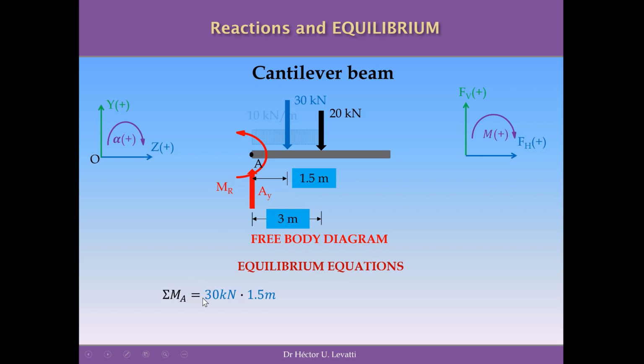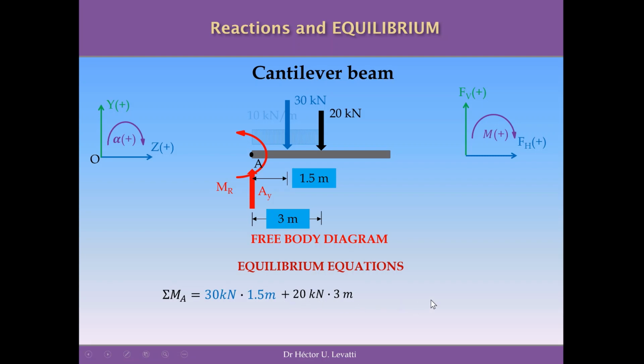So the summation of moments around A starts with the moment produced by 30 kilonewtons, this force in blue, multiplied by the perpendicular distance, 1.5 meters, positive because it's clockwise, so our moment is positive by our convention. The second moment is the moment produced by the punctual load in the middle of the beam, 20 kilonewtons, multiplied by the perpendicular distance to the point A, which is 3 meters.